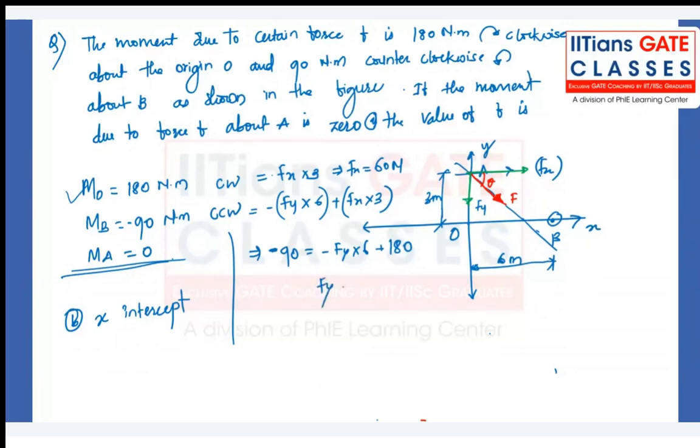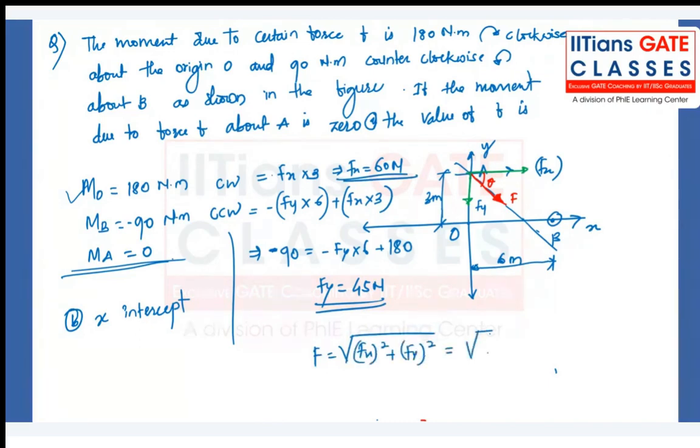So you got the value of Fx, you got the value of Fy. So the value of F will be under root of Fx square plus Fy square, so it is under root of 60 square plus 45 square, and that is 75. So 75 Newton is the correct answer.